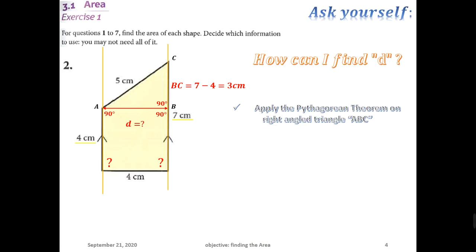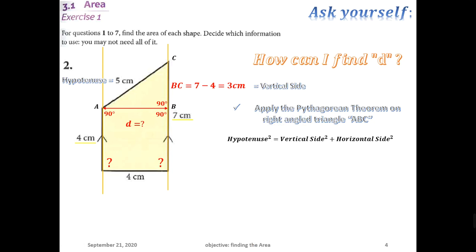And the Pythagorean theorem says hypotenuse to the power of 2 is equal to the vertical side to the power of 2 plus the horizontal side to the power of 2.